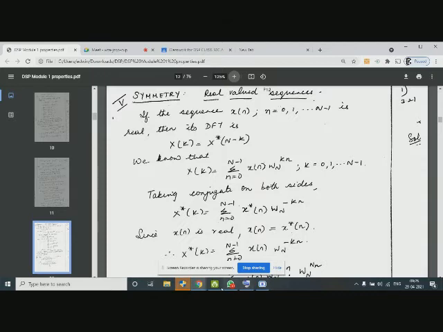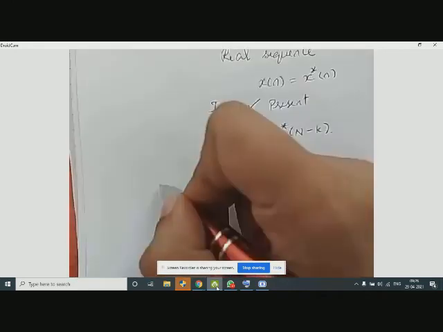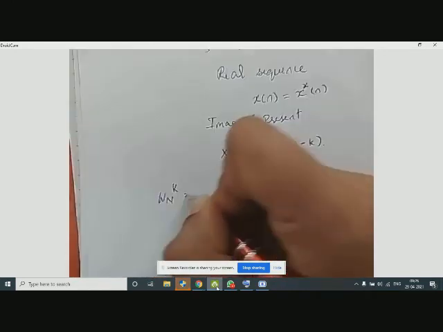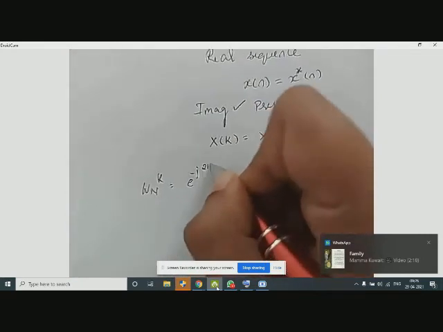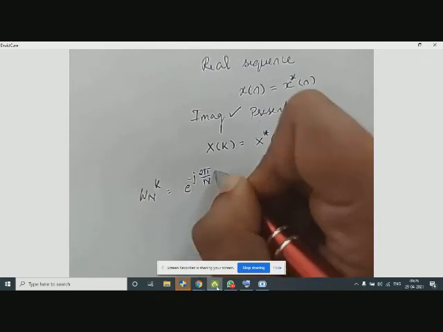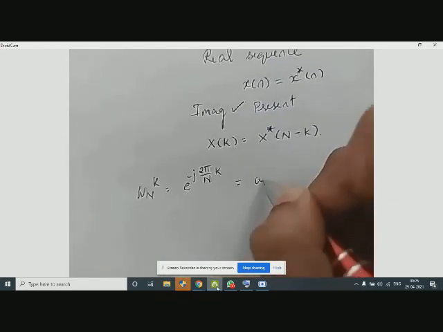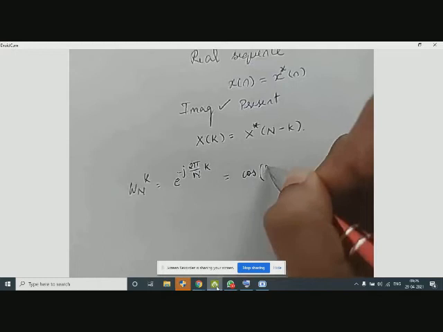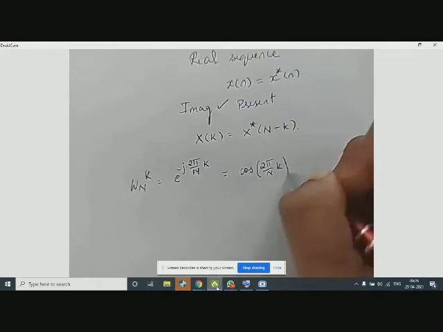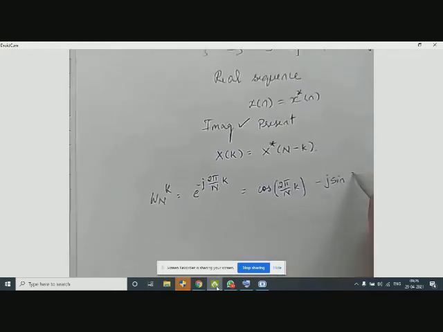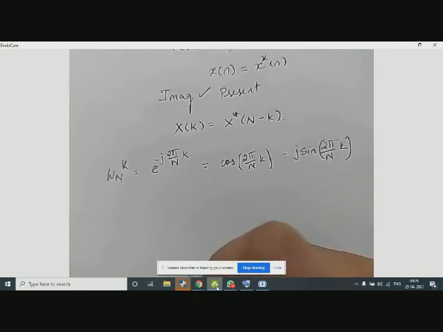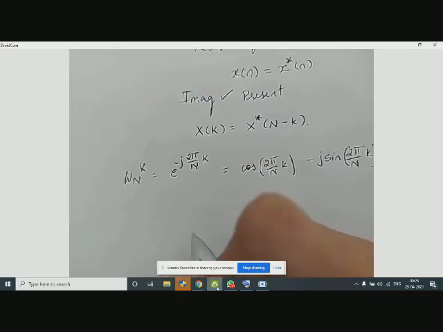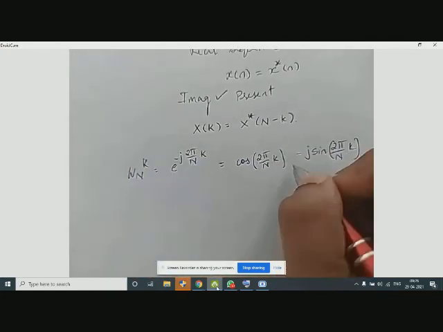So can I say that, suppose I write WN power k. You know this is nothing but e power minus j 2 pi by N into k, which is nothing but cos 2 pi by N into k minus j sine 2 pi by N into k, right? All of you know this, right? Now, what is the conjugate of this?